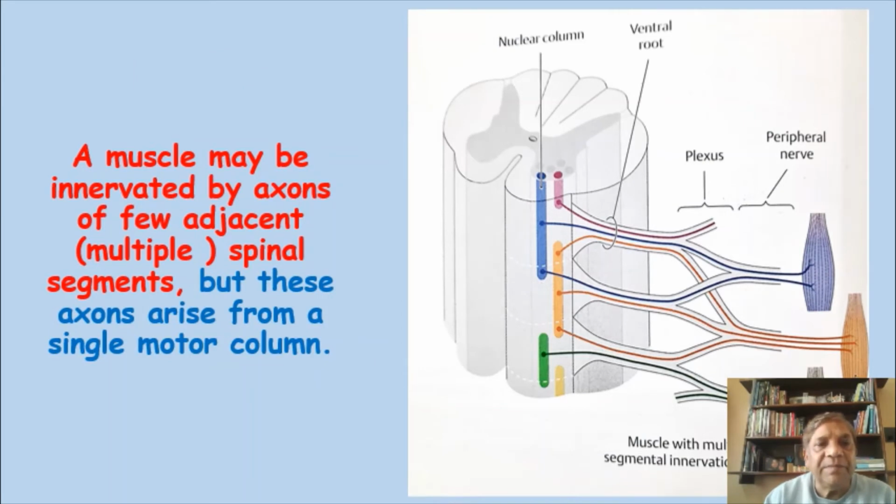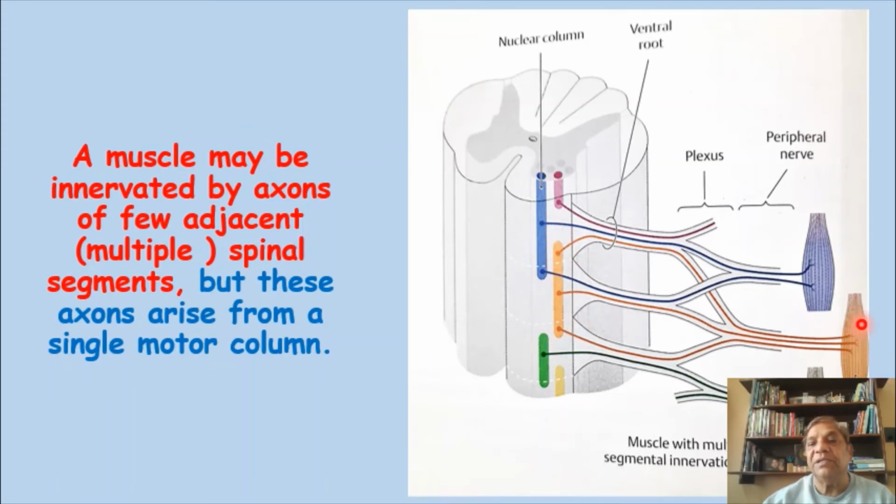A muscle may be innervated by axons of a few adjacent spinal segments, as I said. For example, this is one skeletal muscle, this is another, and there is a third muscle here. These are the three muscles, and with the colors you can see the origin of the nerves supplying these muscles; they take origin from adjacent spinal segments.